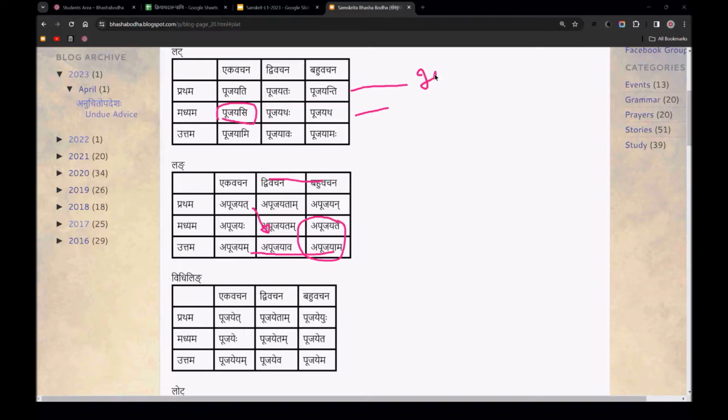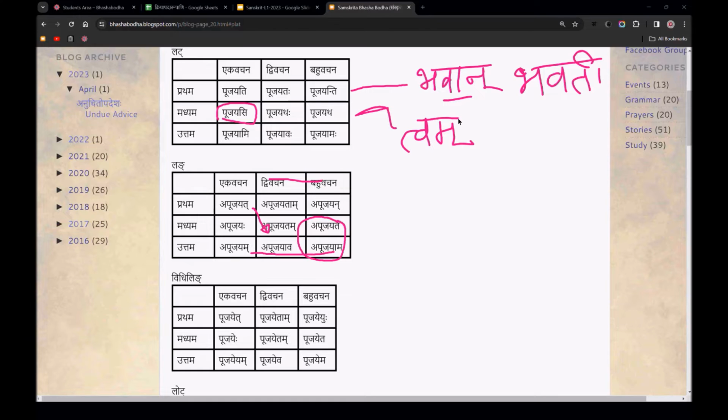So the Prathama Purusha form you use if you use the word bhavan for you in the Pullinga, or bhavati in the Strilinga. But if you use the word tvam for you, then you use the Madhyama Purusha form of the verb.